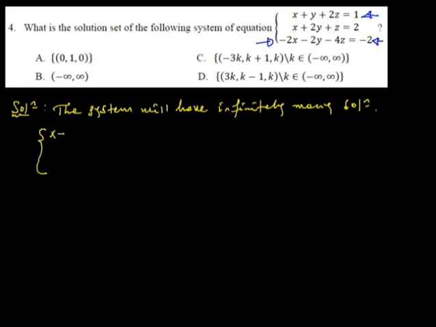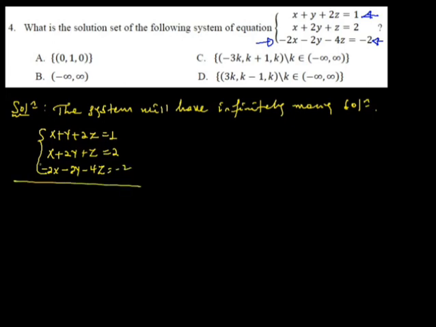The equations are x plus y plus 2z equals 1, x plus 2y plus z equals 2, and minus 2x minus 2y minus 4z equals minus 2.